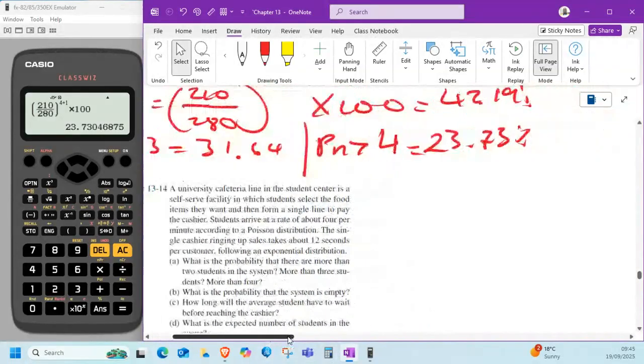So now number 1. And also the thing I liked about this question is the fact that you have 12 seconds. It's the single cashier, takes about 12 seconds per customer. But what is the original?